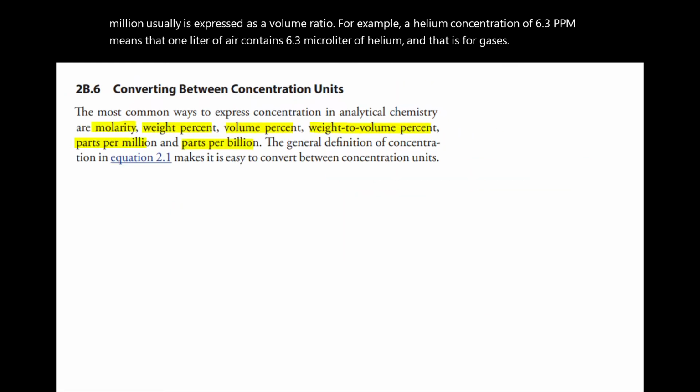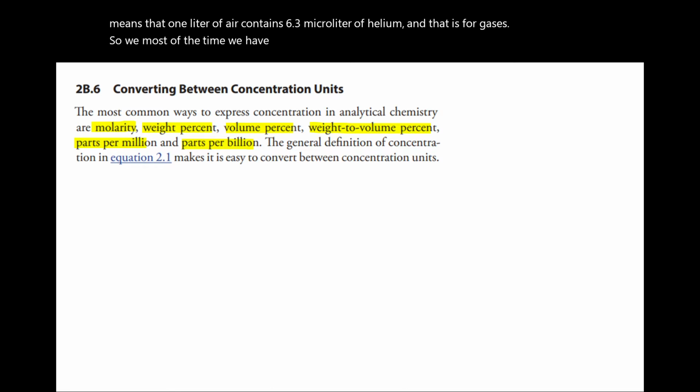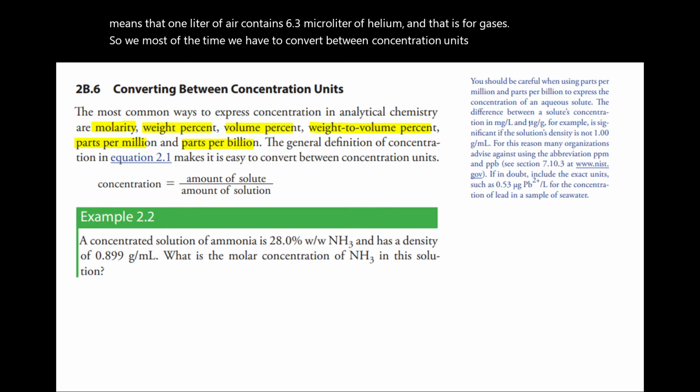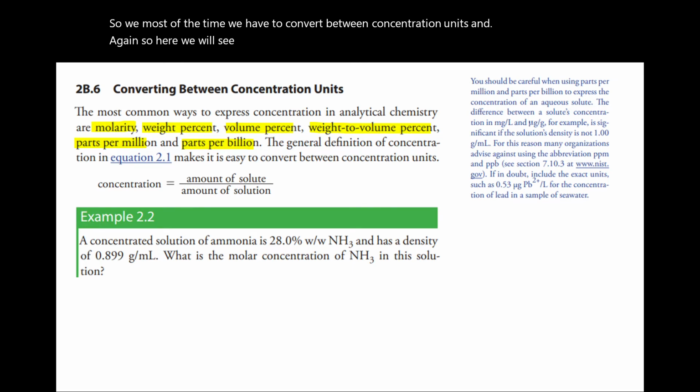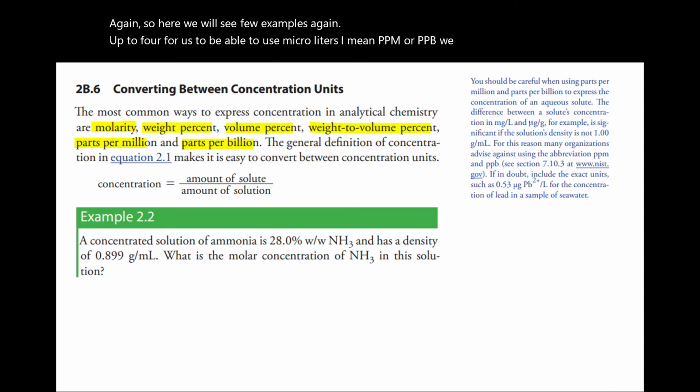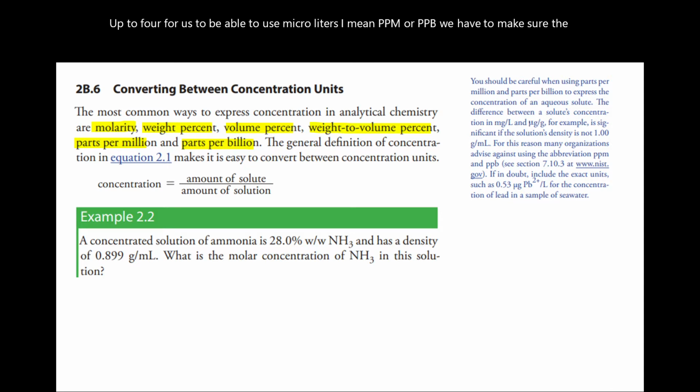Most of the time we have to convert between concentration units, again, so here we will see a few examples. For us to be able to use microliters, ppm or ppb, we have to make sure the concentration of solution is 1 gram per milliliter.